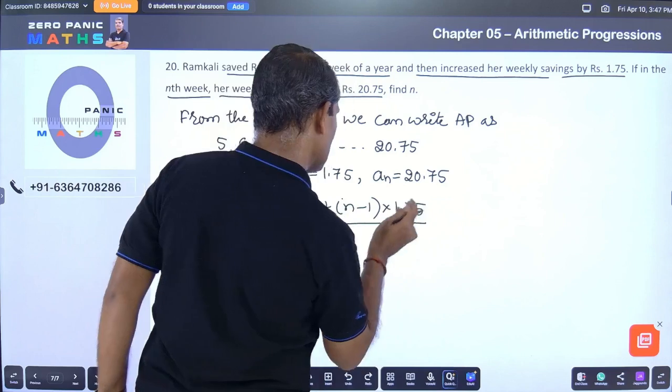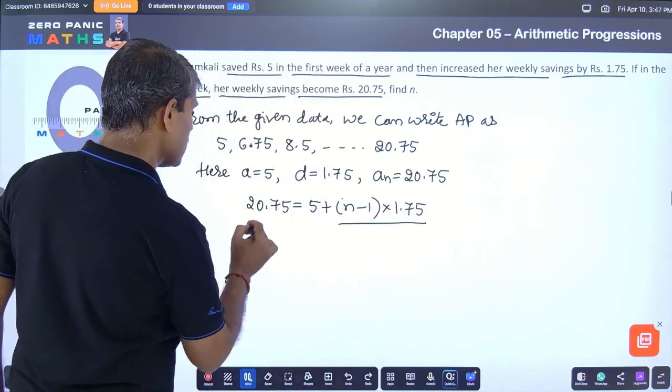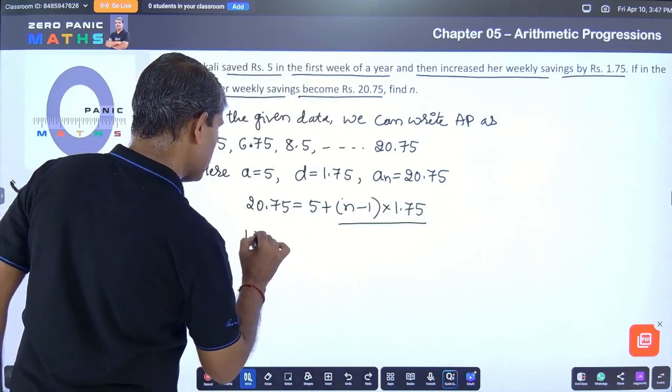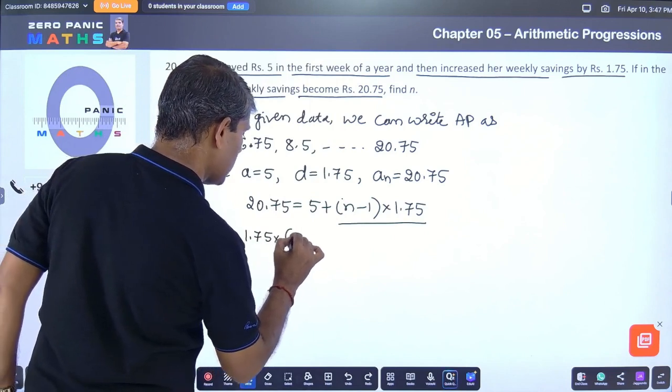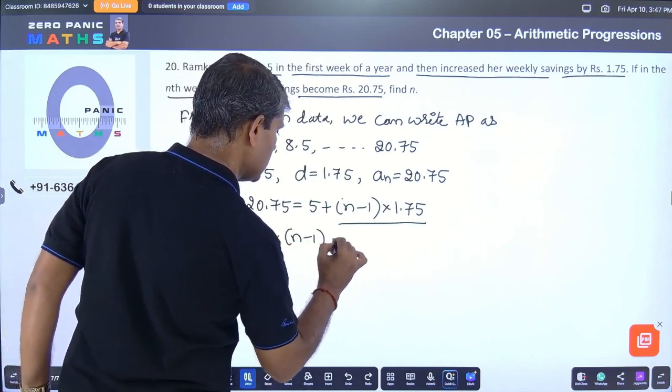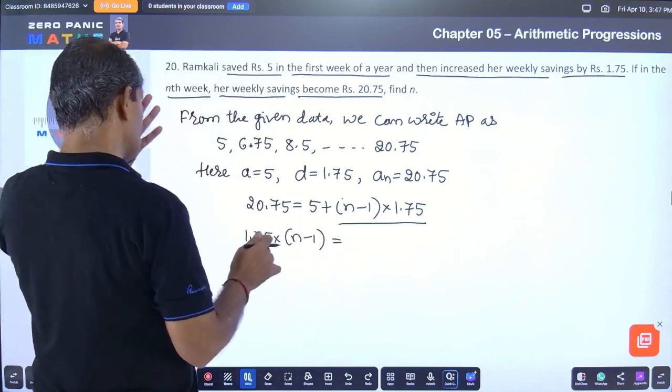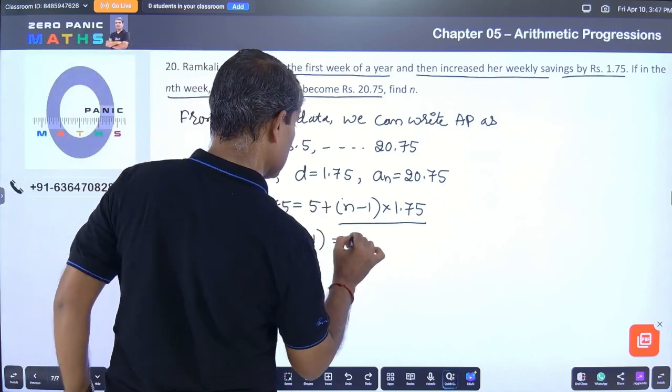Let us take 1.75 times (n minus 1) to this side, and take 5 to the other side, which becomes minus 5.